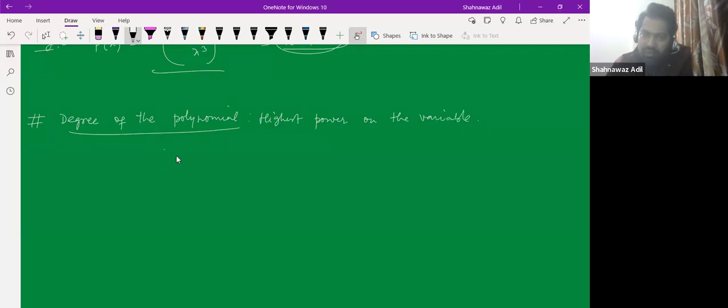So let's say p(x) is 3x cubed plus 4x squared plus root x. What is the degree of this polynomial?